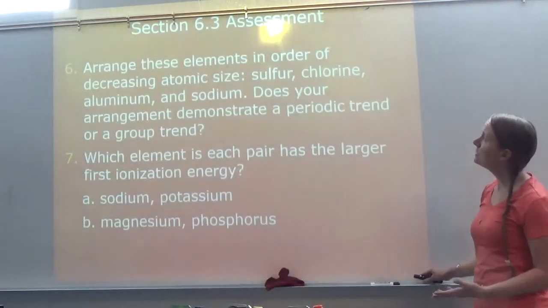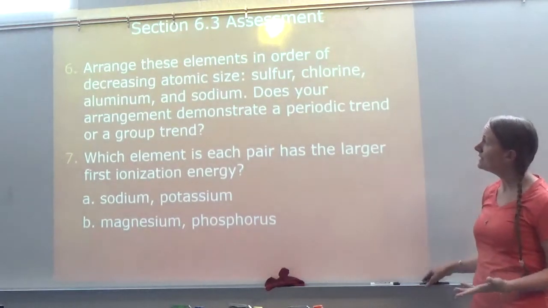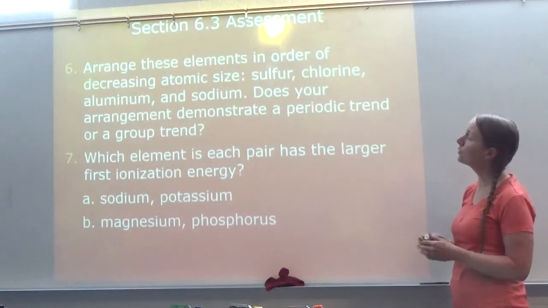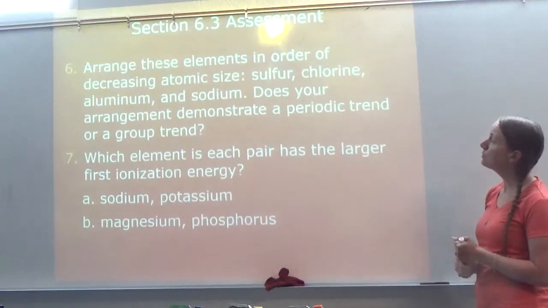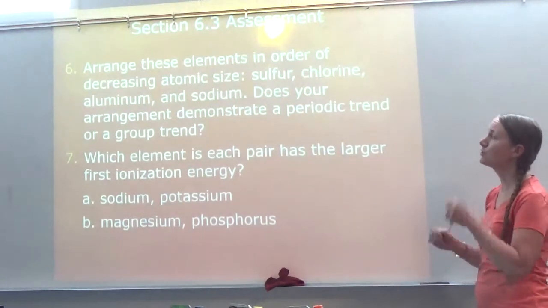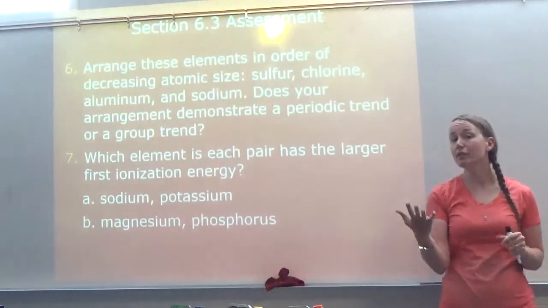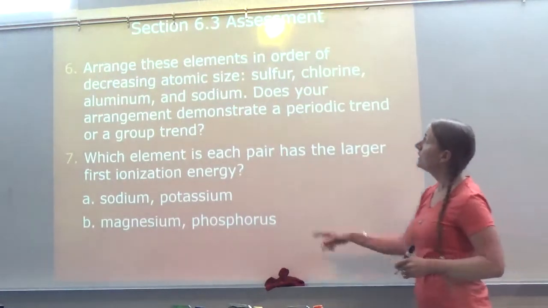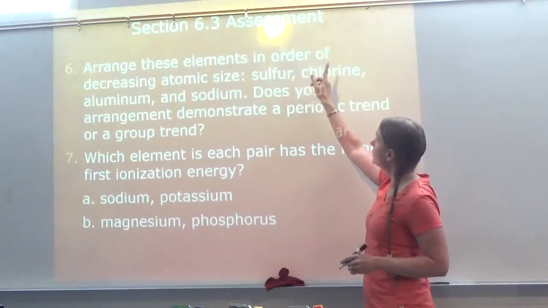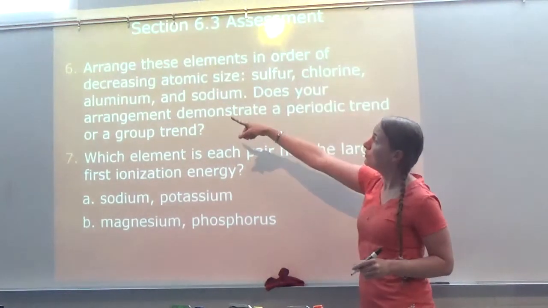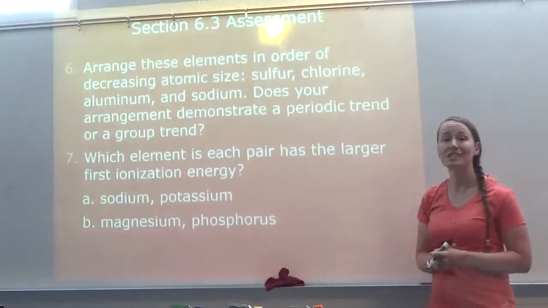All right, so arrange these elements in order of decreasing atomic size: sulfur, chlorine, aluminum, and sodium. Does your arrangement demonstrate a periodic trend or a group trend? So this is where you'll want to have your periodic table out. So we're looking at sulfur, which is S, chlorine, which is Cl, aluminum, which is Al, and sodium, which is Na.